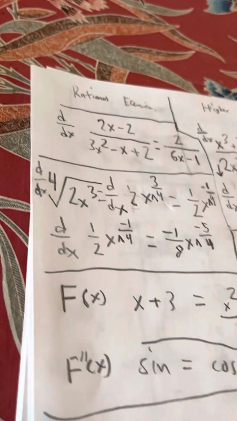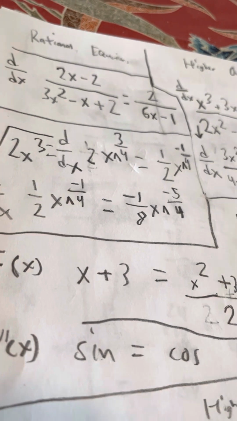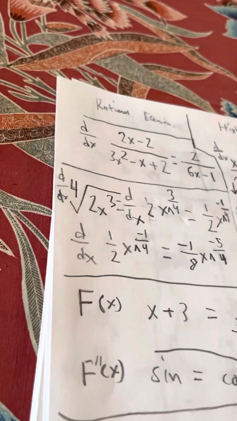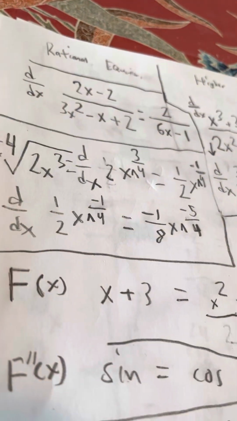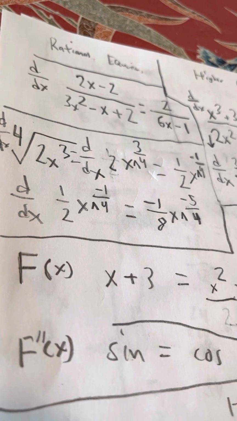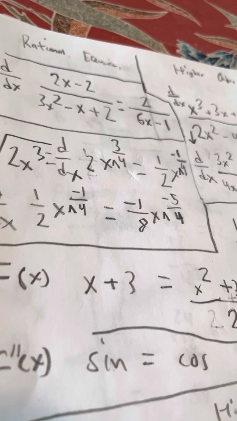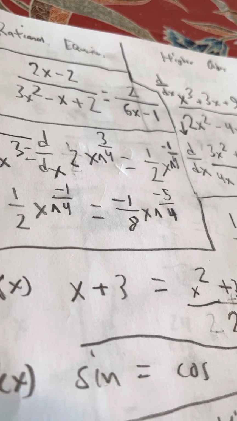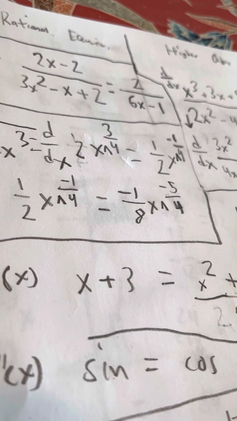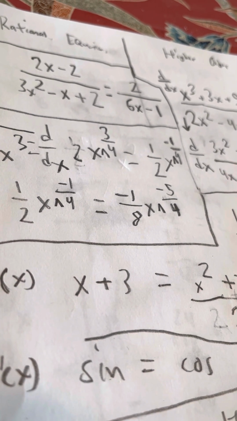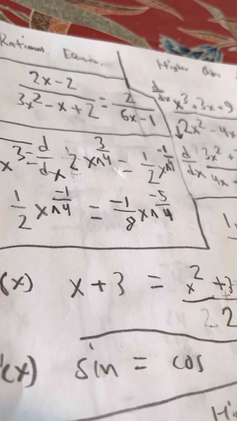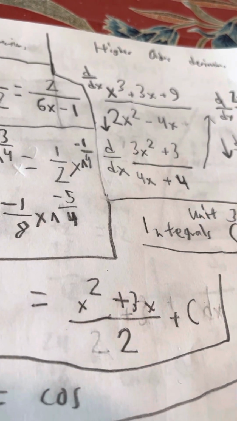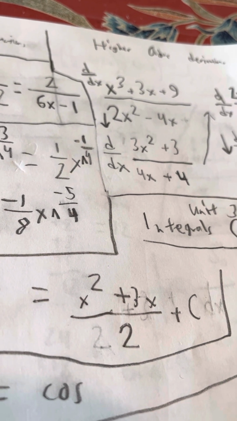And you're playing with these. The radical function, 4th root of 2x cubed, d over dx, 2x raised to the 3/4, and then there's half x raised to the 1/4.